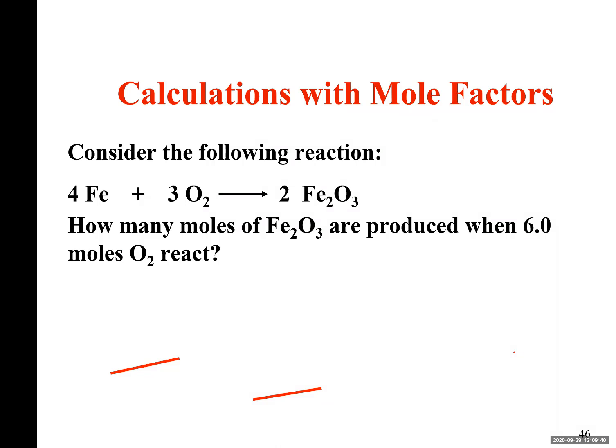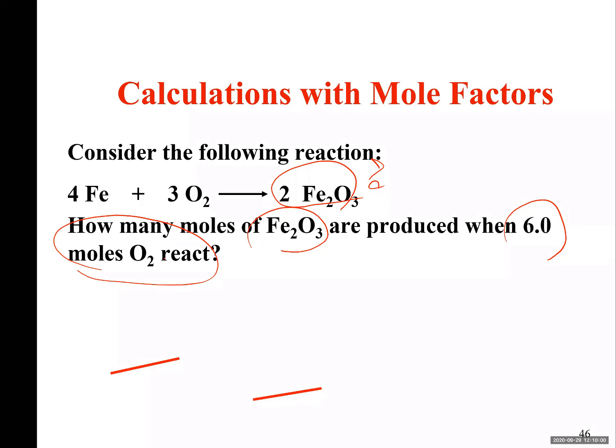Show the application. It says, consider the following reaction. How many moles of Fe2O3, that means how many moles of this, are produced when 6 moles of O2 is used? So what is problem giving us?